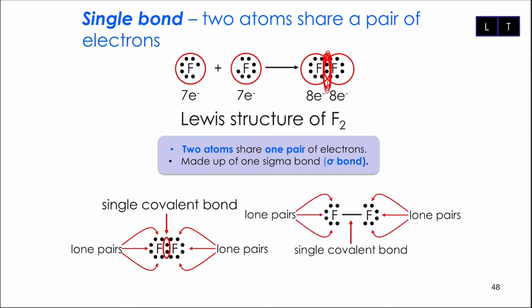You can see that ini adalah single covalent bond yang terhasil between two electrons yang fluorine share between themselves. And you can see that the rest of the dots around them adalah lone pairs. Inilah yang saya masukkan lone pairs, di mana electrons yang tidak terlibat dalam formation of covalent bond. Dia hanya berada di sekeliling atom tersebut.